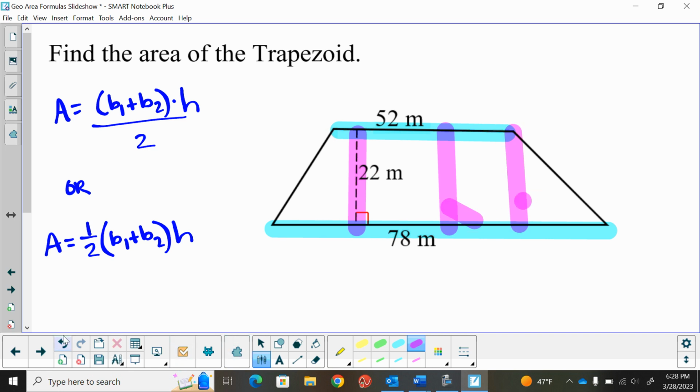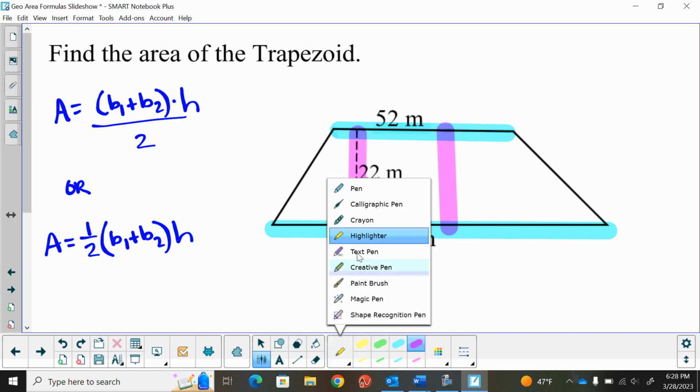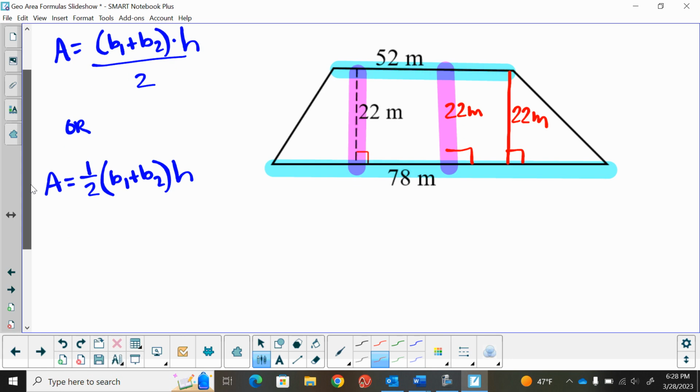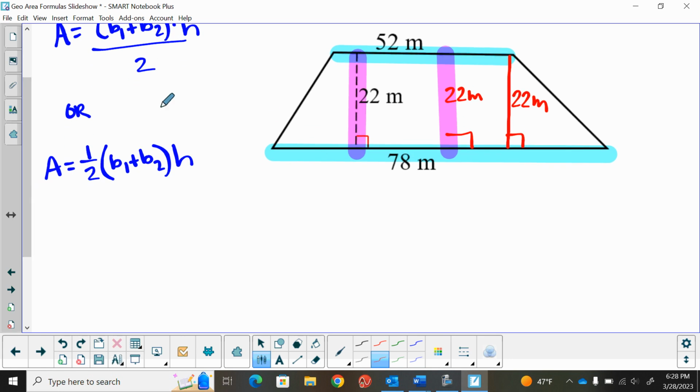Whoops, the highlighter never seems to work well. Let me get back to my pen. So as long as the height is perpendicular to both bases, then you know it's the height. So these would all have a measurement of 22 meters. All right, so let's set up our equation. I'm going to go with the first option there.